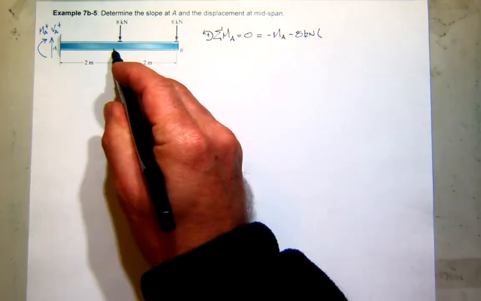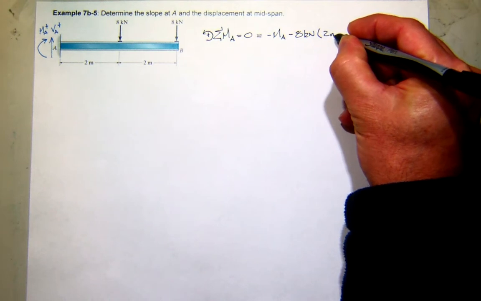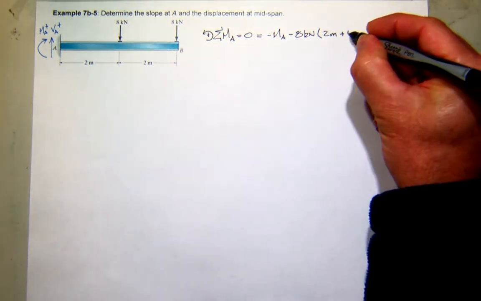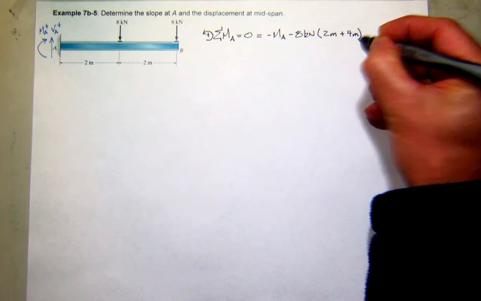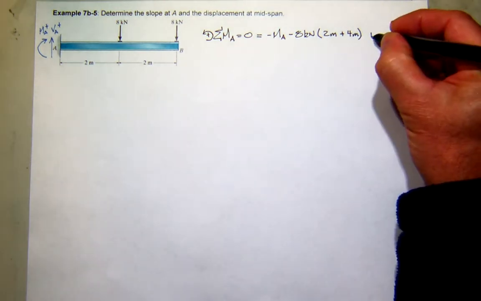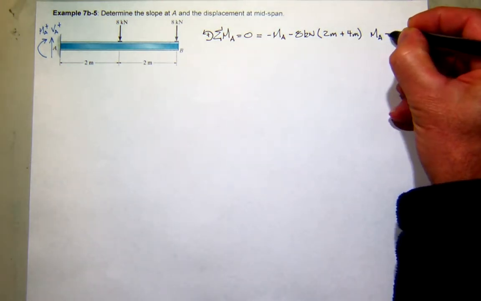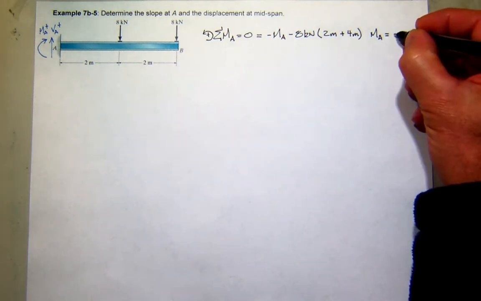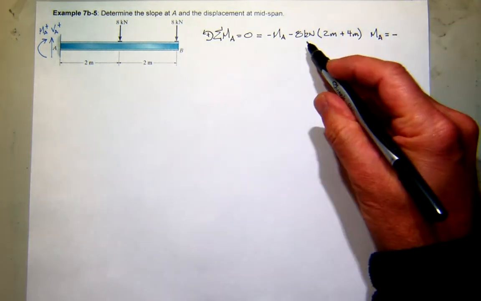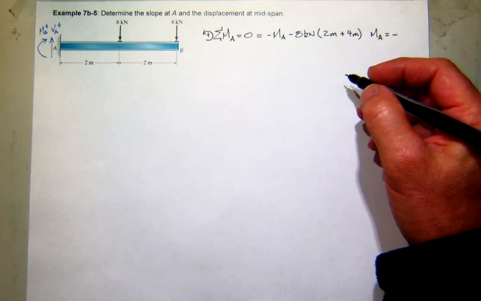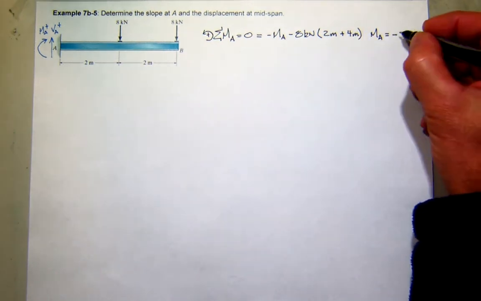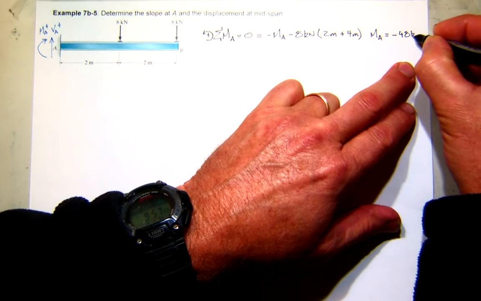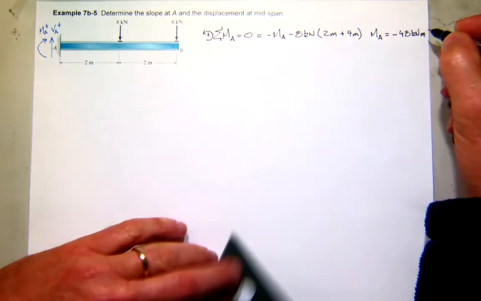The first one has a moment arm of 2 meters, and the second one has a moment arm of 4 meters. So from that, I can solve for my moment at A. It looks like it's going to be negative 48. 8 times 6, right? And that will be kilonewton meters.